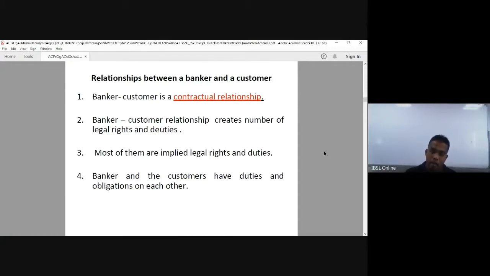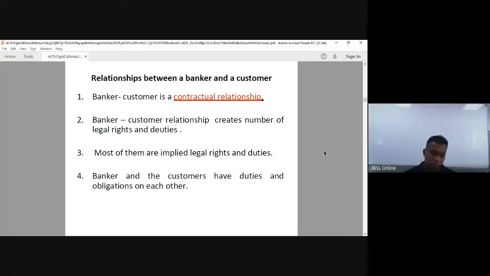If it is a contract, then the parties, that is the banker and the customer, both get legal rights and duties. An important point here is that most of these rights and duties under the banker-customer relationship are implied rights and duties.